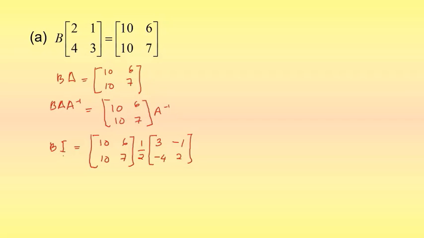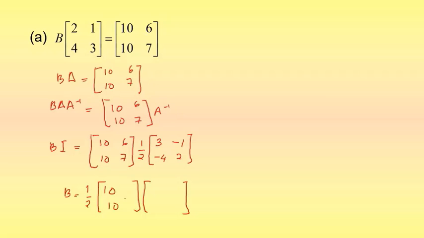Okay, B times identity is equal to B. So we can multiply these two matrices. This is the scalar coefficient, so we can put it in front of the multiplication. We can do the operation between the two matrices first before we multiply with the scalar.